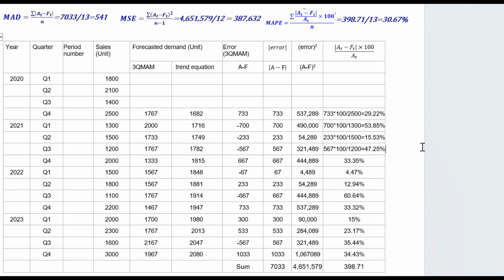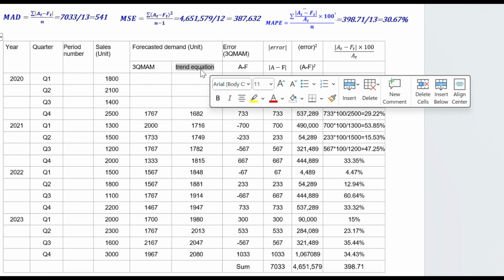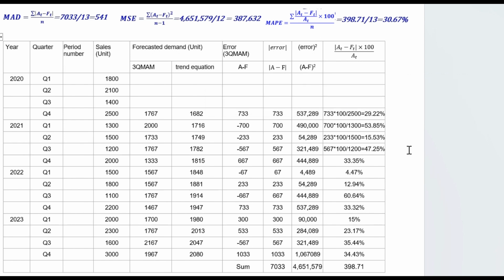So I will repeat this again for the second method, which is the trend equation, and at the end I will compare between these 3 measures to select which method is more suitable for the calculation of the forecast given this actual sales data.